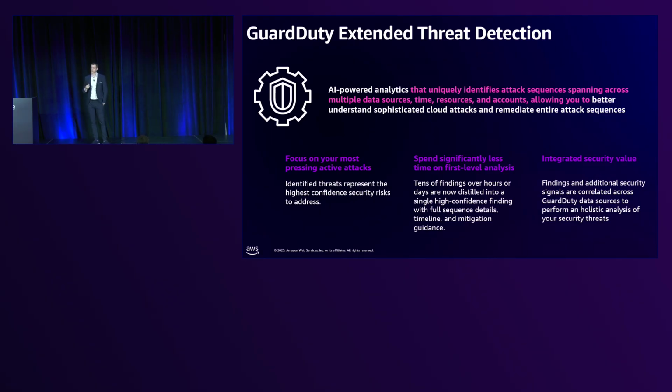That allows you to focus on these alerts first, instead of evaluating the individual events that come in on an ongoing basis. The value from your perspective is that you spend less time on the first level analysis of evaluating each individual finding and trying to figure out how the findings relate to each other, and more time investigating these validated threats.